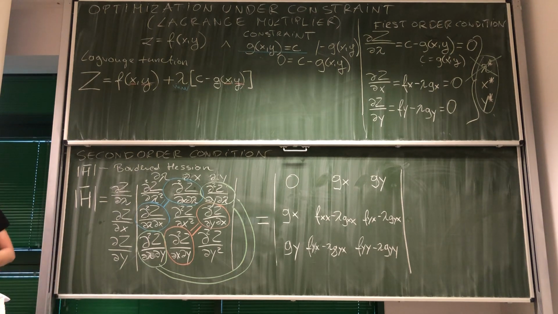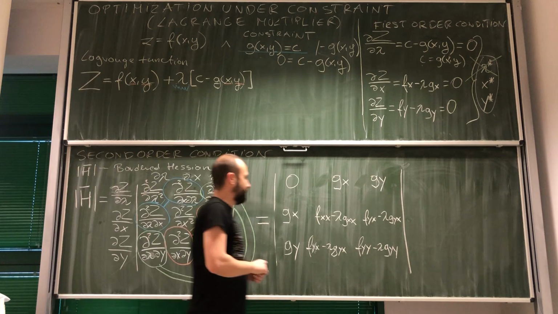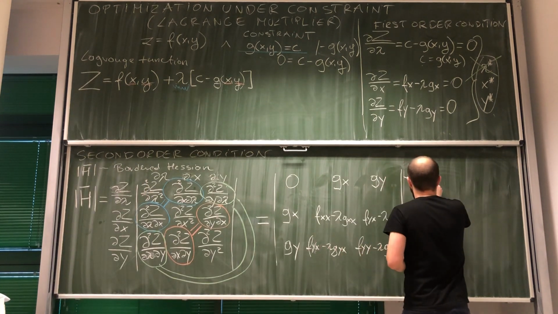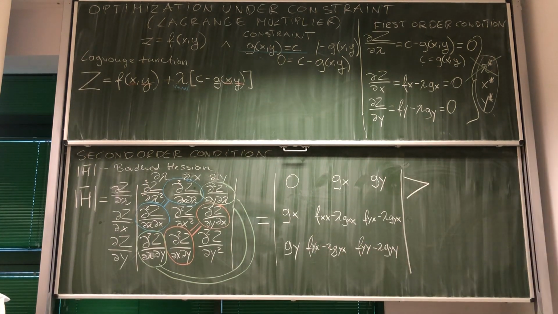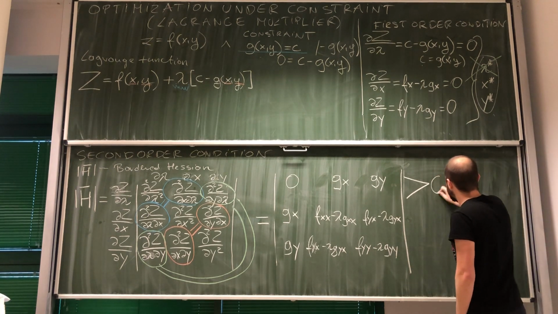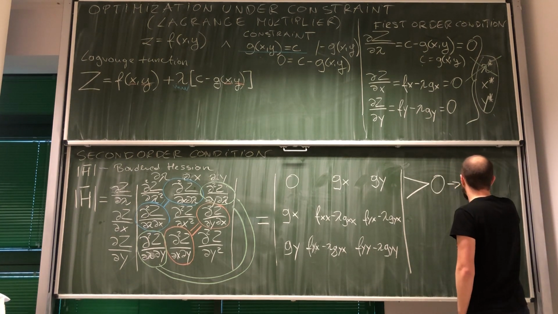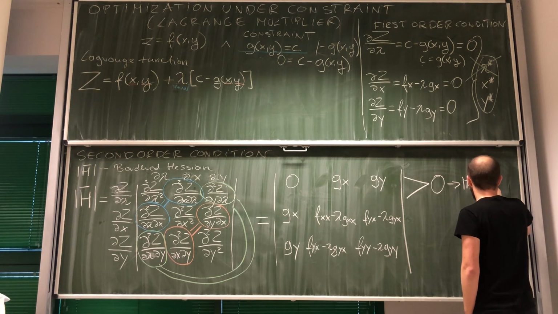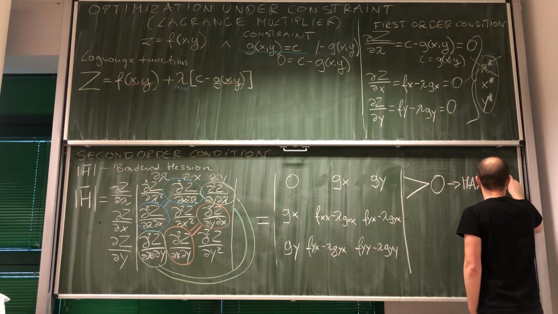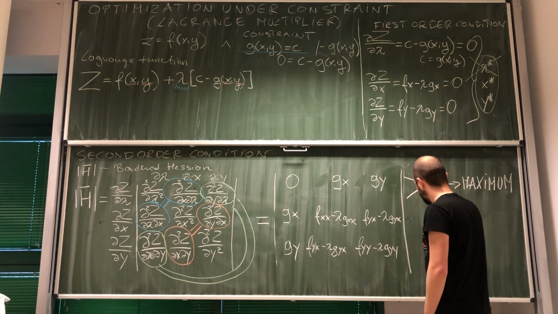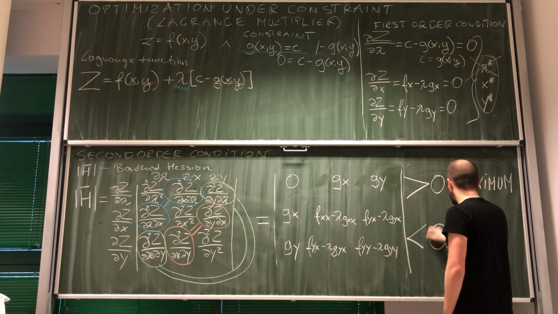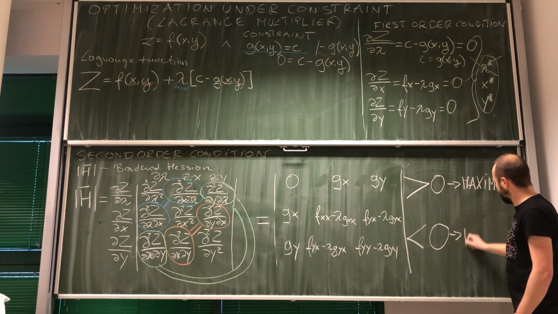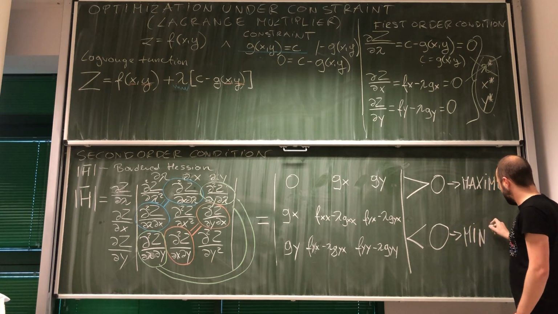Okay, so what is the condition for maximum and minimum? If the border Hessian is higher than 0, this is the maximum. If it's lower than 0, this is a minimum.